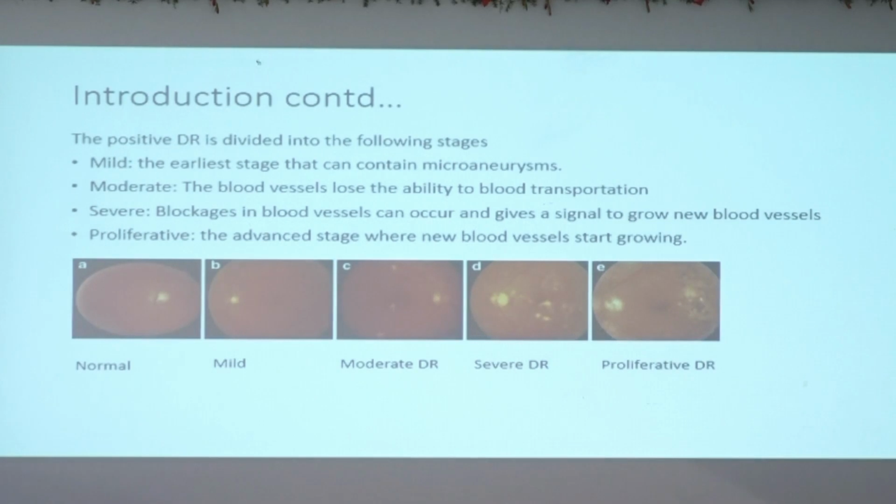When these are detected, it means it is mild. Moderate means the blood vessels become very loose and the blood transportation goes. Severe means blockages in blood vessels occur and give a signal to grow new blood vessels. Proliferative is the very advanced stage of diabetic retinopathy.